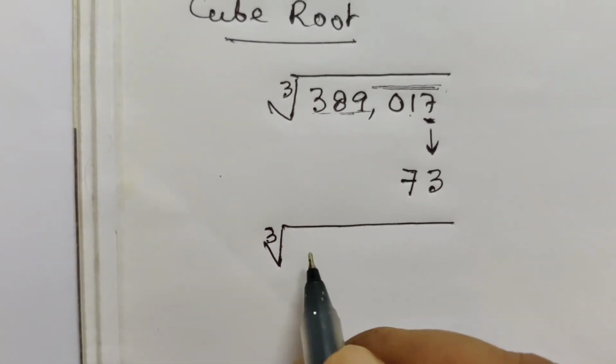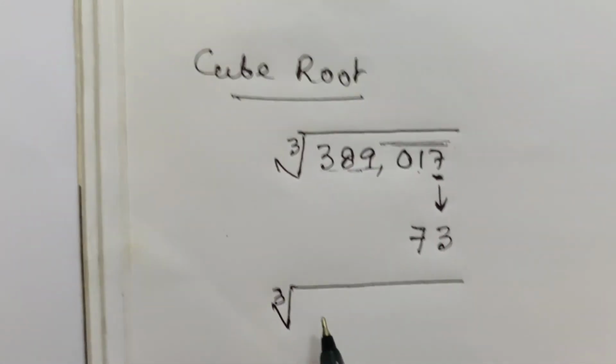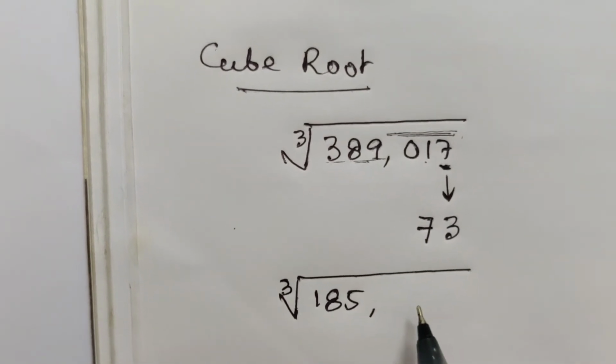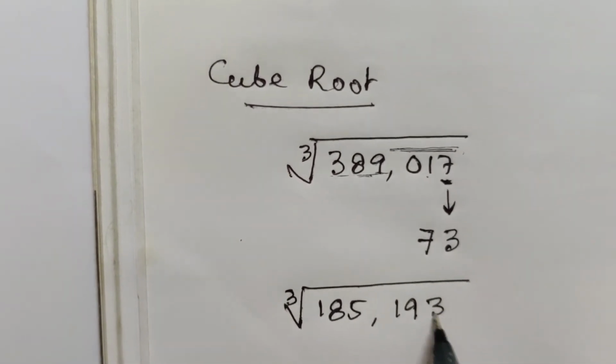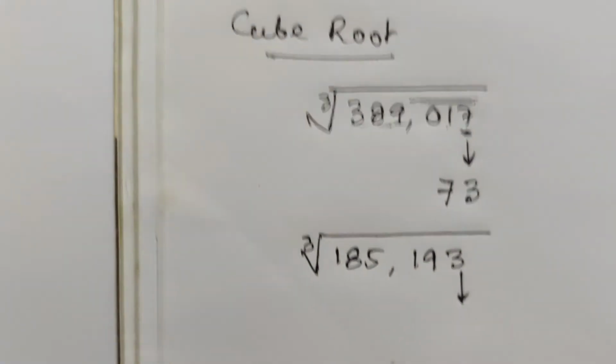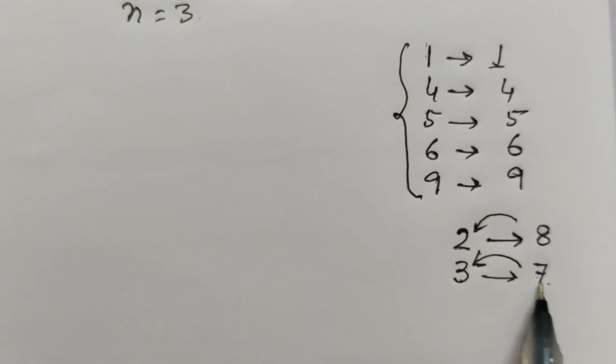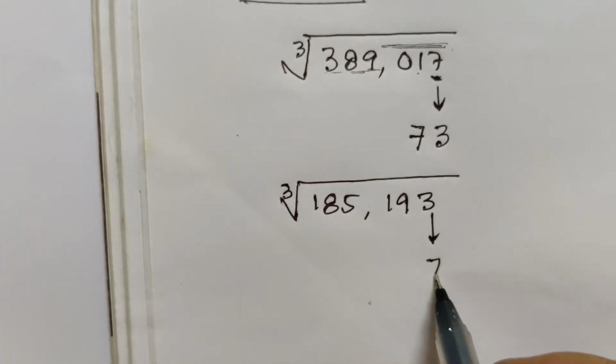Now coming to another question. You have to find the cube root of, say, 185,193. Again we are coming over here, 193. So 3 is for 7. 7 is our last digit.